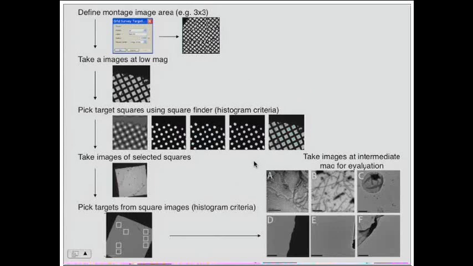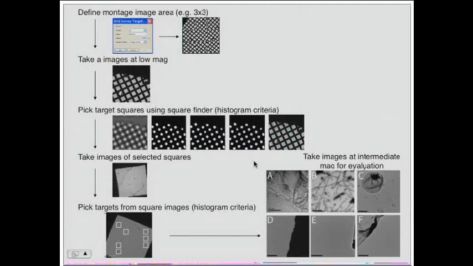We use histogram criteria to find the different grid squares and to select grid squares, excluding those that either are completely black because something went wrong, or the stain is covering the entire grid square, or the carbon is broken and they are therefore completely clear, or the edge of the grid square is in the middle of the image, and therefore you should not take any images in that region.